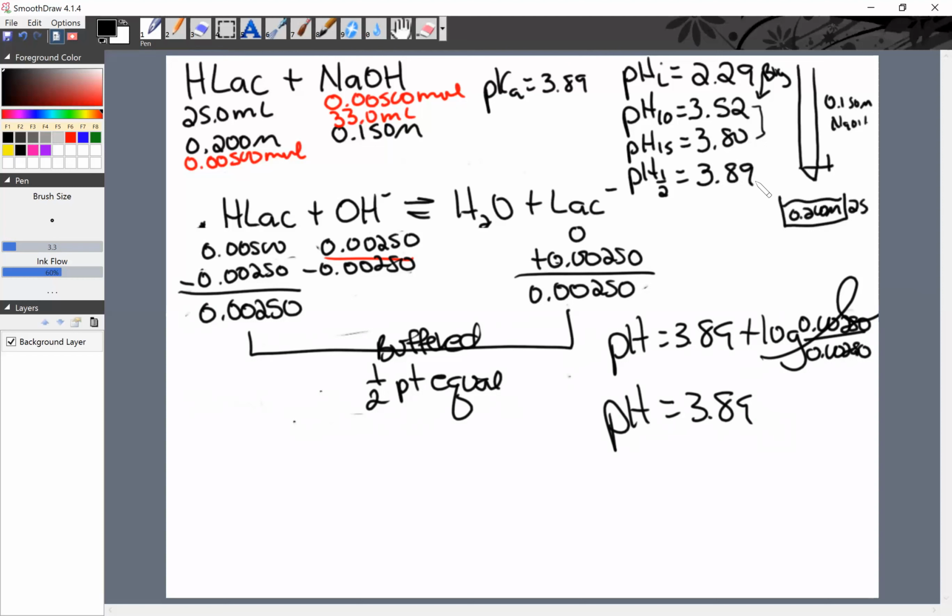All right, and how many milliliters did that take? Well, whatever half of 33 is. All right, before I go on, is everybody still following? Okay, all right. Let's just get a couple more points so that we can graph this when we're done.